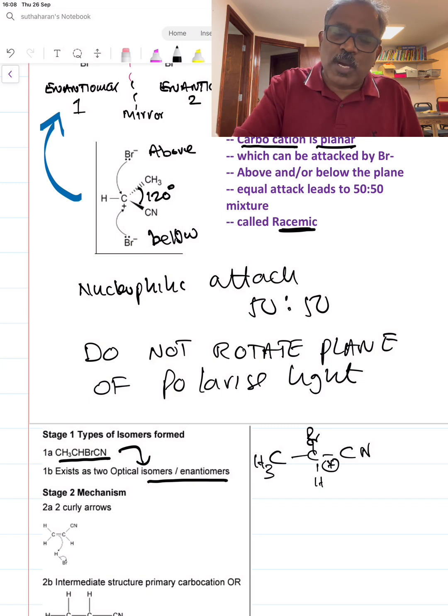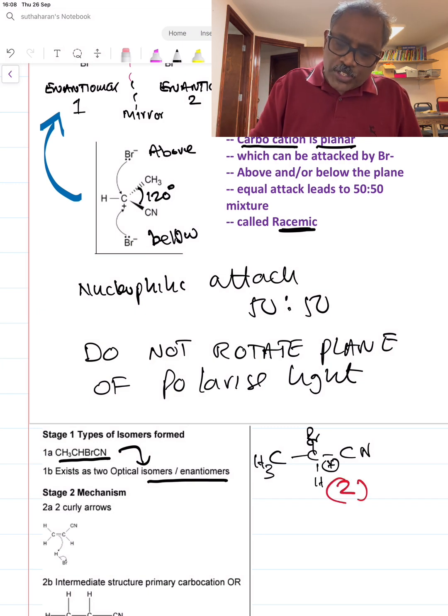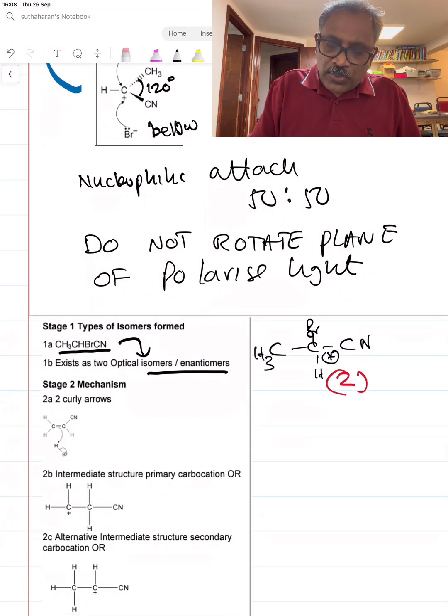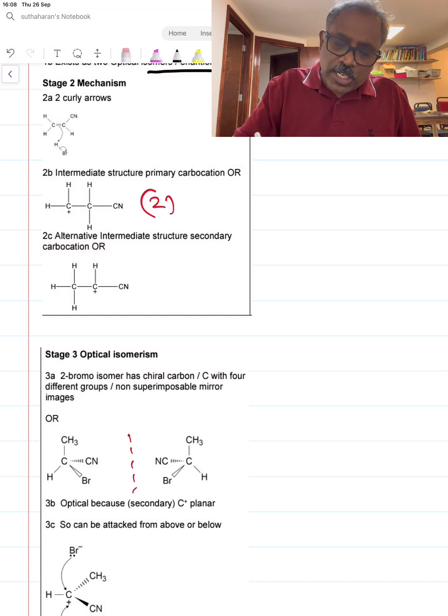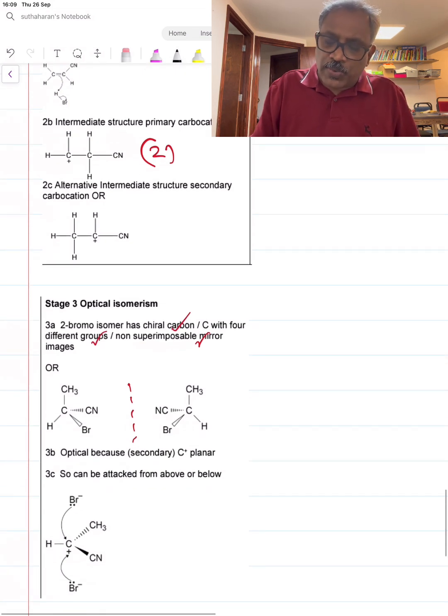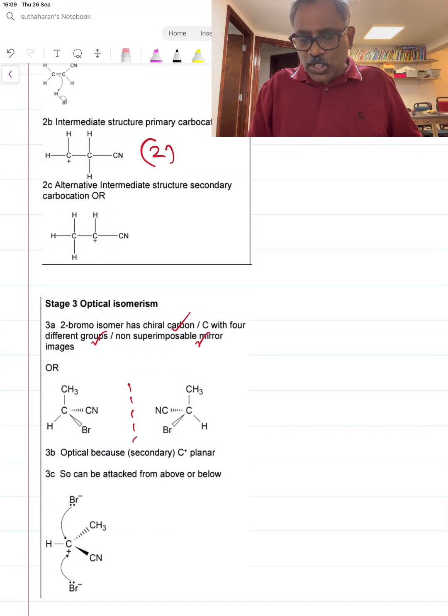So that is your 2 marking points. And stage 2, the mechanism with all the curly arrows and the carbocation intermediate is another 2 marks. Finally, explain that optical isomers are mirror images of each other, and the 4 different groups attached to the carbon is called a chiral carbon. Everything explained in words or by drawing the structure will give you the next 2 marks.